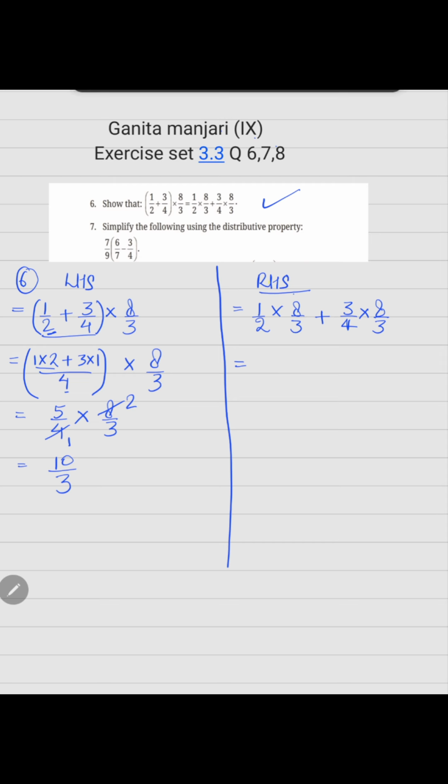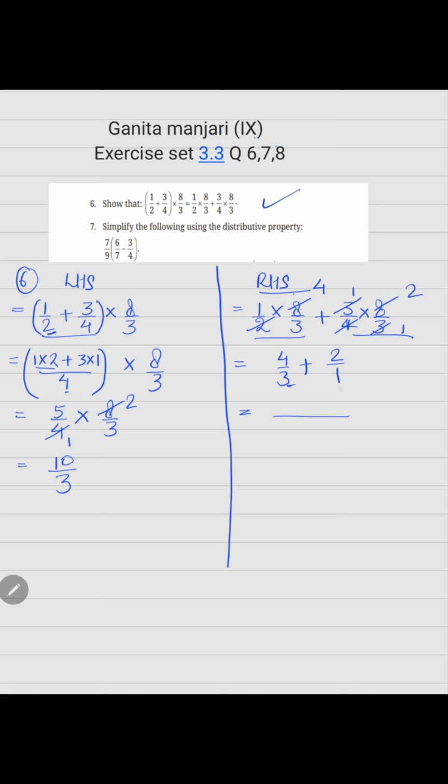Firstly we have to solve the multiplication of both sides, and then we add. 2 times 4 is 8, which is 4/3, plus 1 times 3, and 4 times 2 is 8, which is 2.